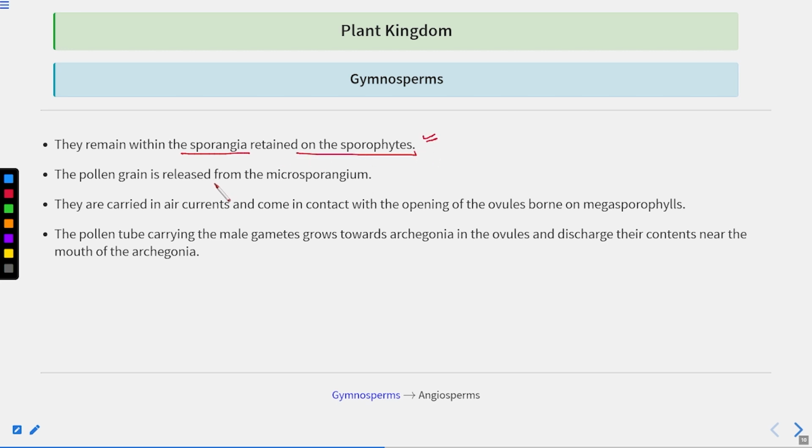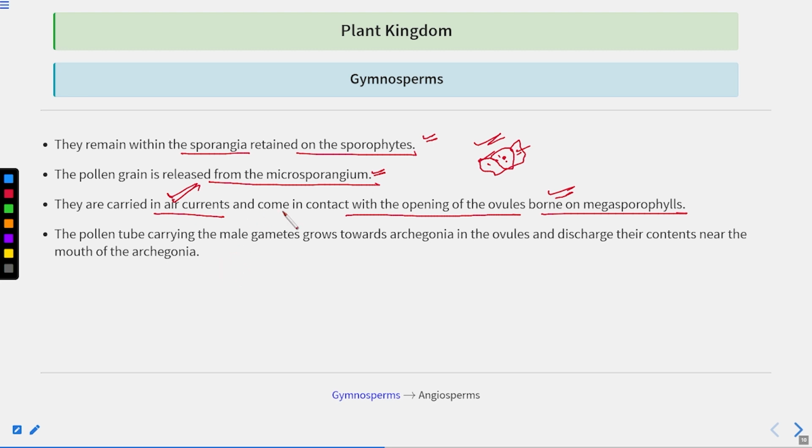The pollen grain is released from the microsporangium. So here the pollen grains are released into the atmosphere, and they are carried by the air current and come in contact with the opening of the ovules borne on the megasporophylls. Now, one of the unique features is that winged pollen grain is seen in the case of Pinus. Okay, because they are taken up by the air current, so this wing-like structure helps them to be carried from one place to another.